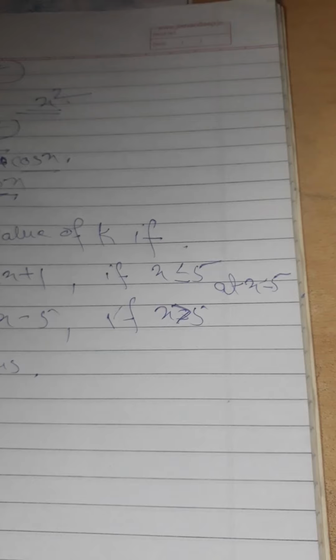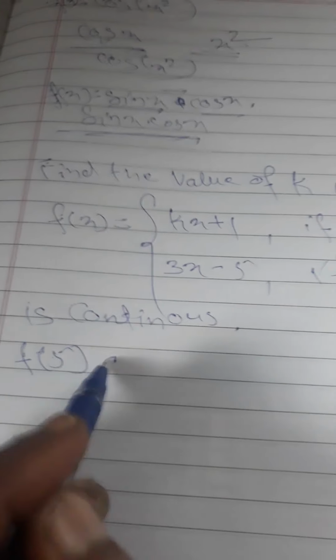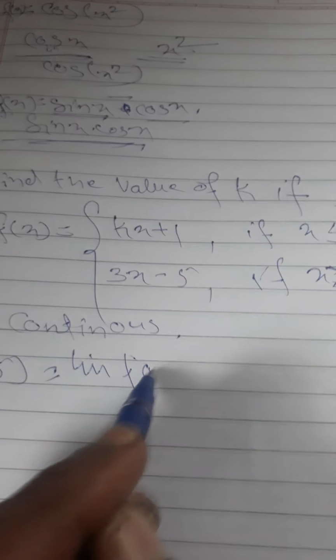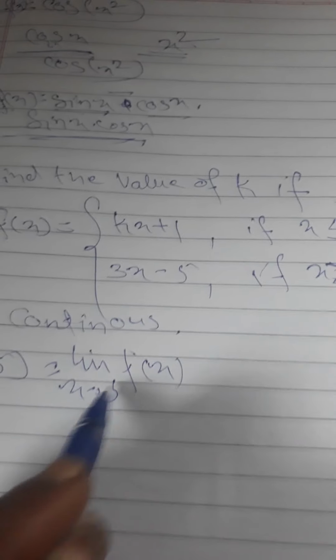Now according to the definition of continuity, when do you say that the function is continuous at a point x equal to c? If f of 5 is equal to the limit of f of x as x tends to 5.